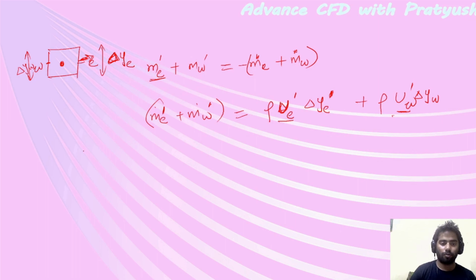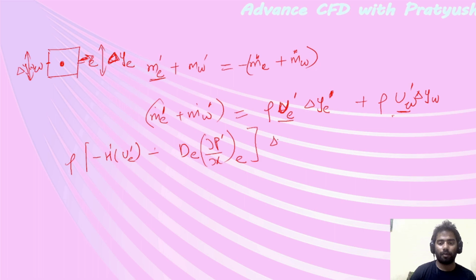I can write here rho E into minus H UE dash on the east, minus D into del P dash upon del X on the east, into del Ye. So this is the complete system.